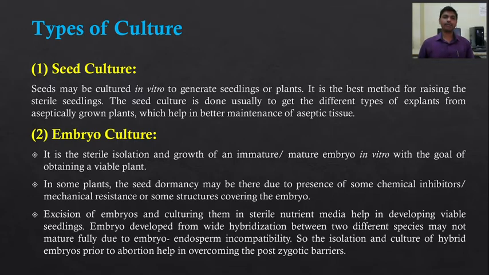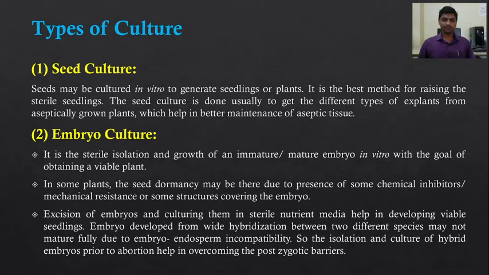Embryo developed from wide hybridization between two different species may not mature fully due to embryo endosperm incompatibility. So here one can make a hybridization experiment between two different species. The embryo is not able to fully develop because of the embryo endosperm incompatibility.